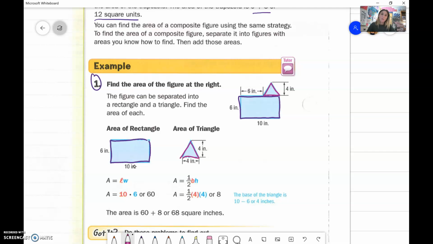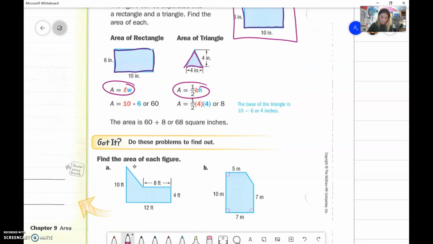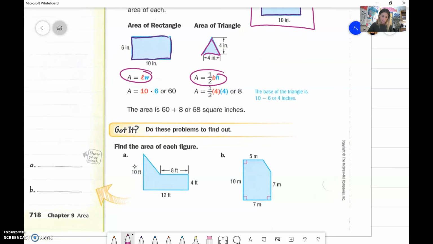And all I'm going to do is bring down my formulas for area of a rectangle and area of a triangle, and fill in my numbers to try to solve the area of this entire composite figure. Okay, so if we were to do that down here, let's take a look.